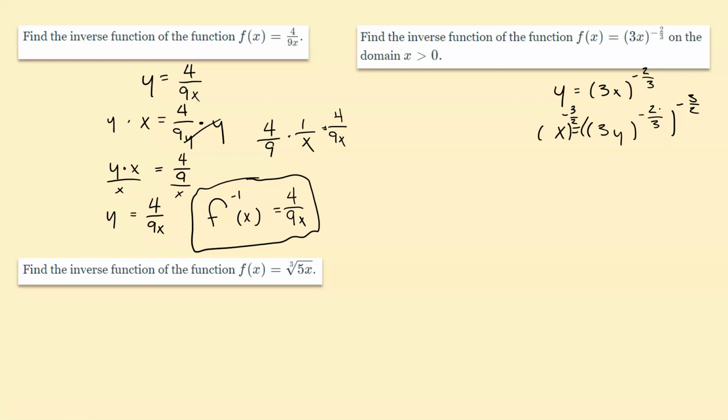So I chose negative 3 halves because I know that negative 2/3 times negative 3 halves is 1. So what that gives me here on the right side is 3y to the first power. On the left side, I have now x to the negative 3 halves power. And then now to get y by itself, I just have to divide by this 3. So I have y equals x to the negative 3 halves over 3.